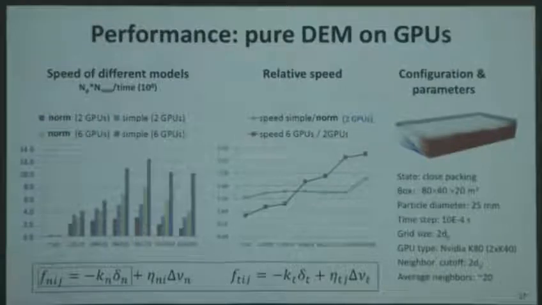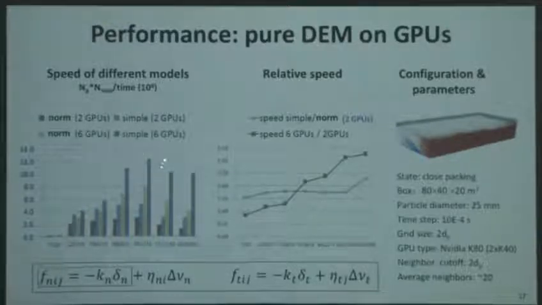In terms of the performance of the DEM on GPUs, it is very encouraging. When we use the K40 GPUs, actually 2 GPUs are combined as 1 K80 board in the NVIDIA GPU board.